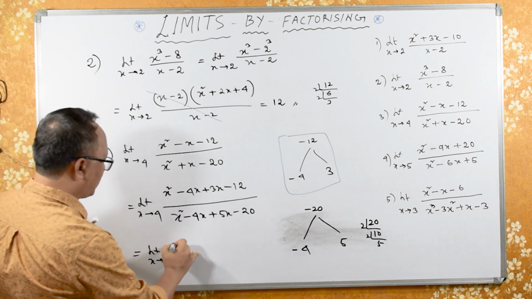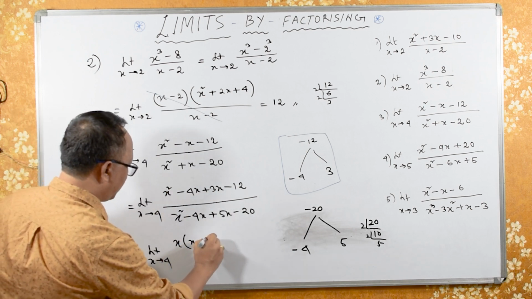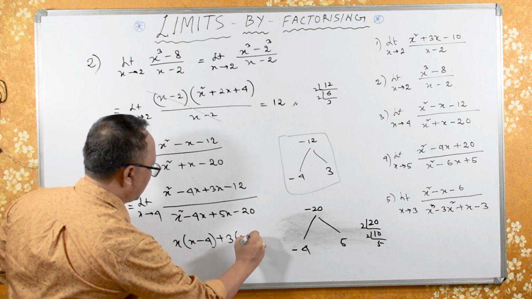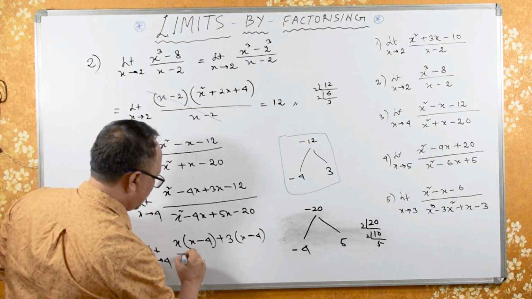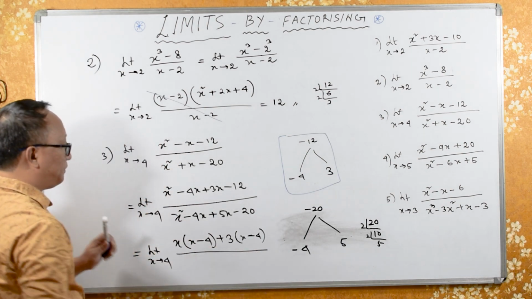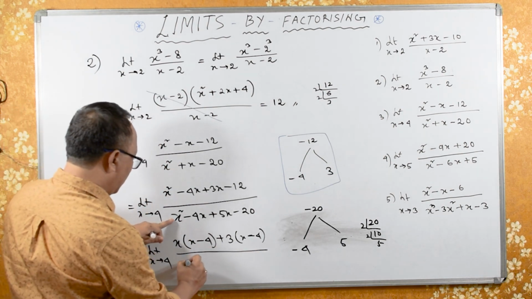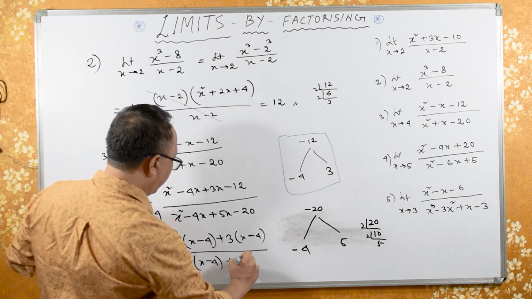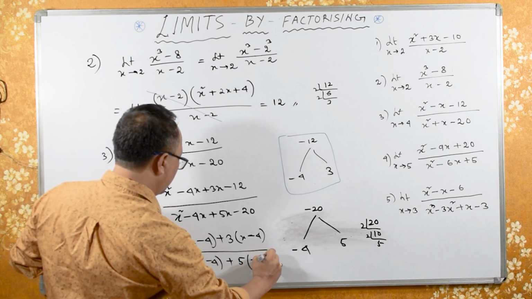Now, if I take x common, here I will have x − 4. If I take +3 common, x − 4. Similarly, here I can take x common, x − 4, plus, if I take 5 common, x − 4.